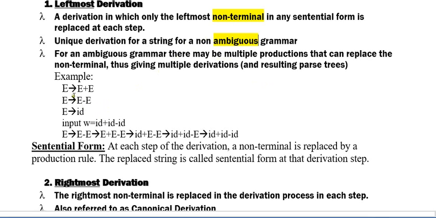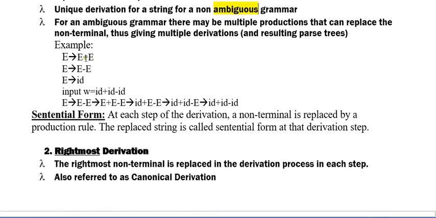For example, we have productions like E tends to E plus E, E minus E, and E to id. So we can have the production as E tends to E minus E, then from this E we can produce E plus E and then minus E. This E produces this function, and then this E is replaced with id, and finally all E's are replaced with id.